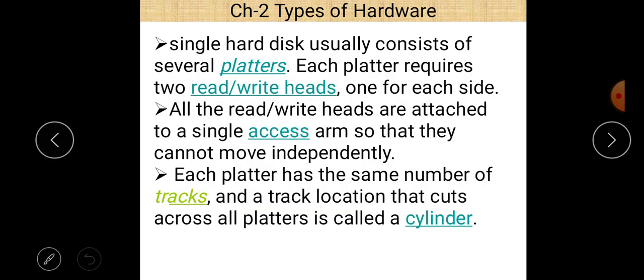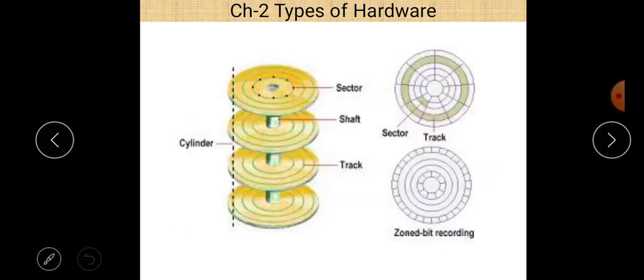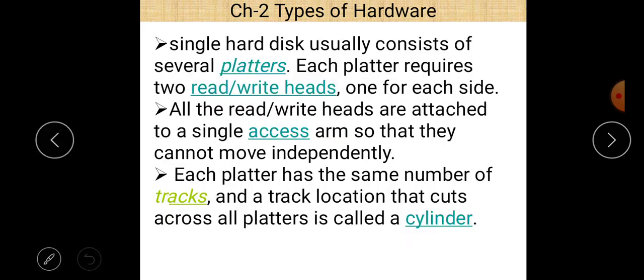One for each side, and all the read write heads are attached to a single access arm, so they move together and cannot move independently. Each platter has the same number of tracks, and the track location that cuts across all platters is called a cylinder.